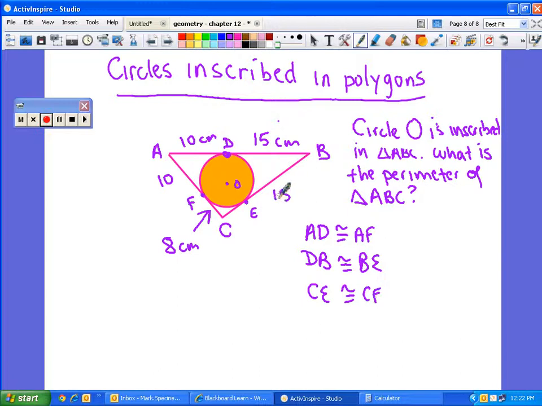And if FC is 8, then CE is 8. And now to find the perimeter, all we have to do is add up all the numbers. We get 10, 20, 20 and 30 is 50. 50 and 16 is 66. So the perimeter is 66 centimeters. Okay, it's an easy one to remember, I think.